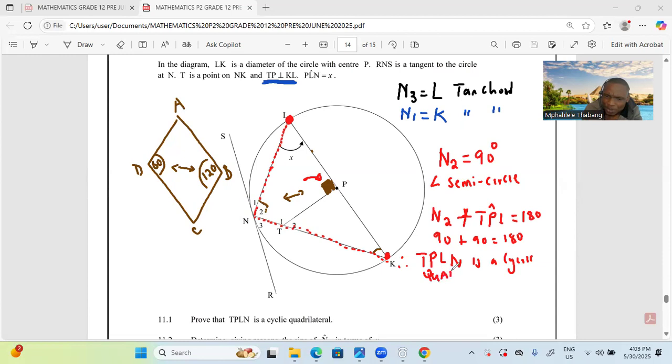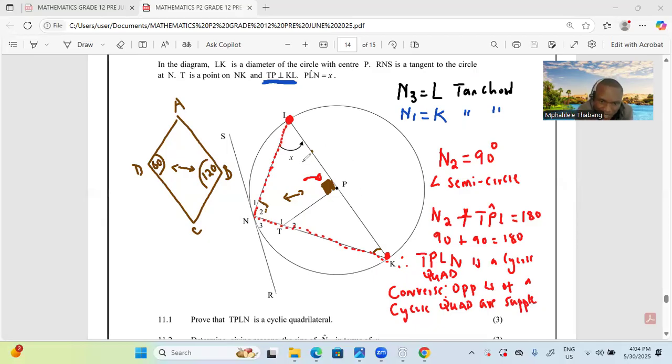Why? From the converse of the theorem that says opposite angles of a cyclic quad are supplementary. So all the time, whenever the opposite angles add to 180 degrees, it means that quadrilateral is a cyclic quad.